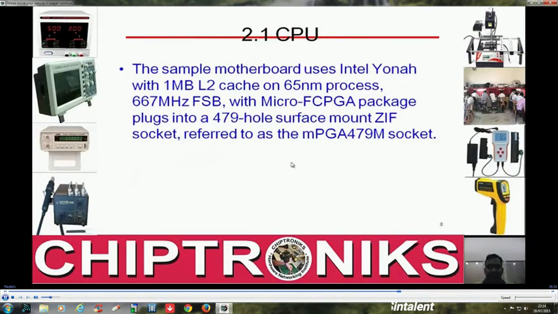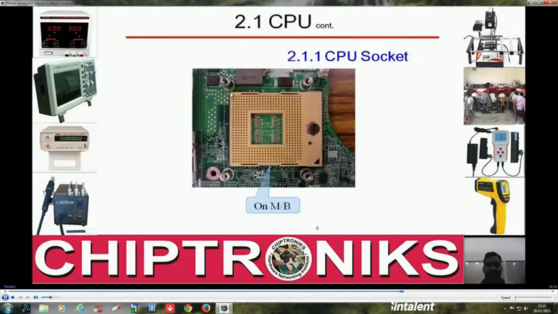The CPU used over here is Core 2 Duo, and Core 2 Duo processors are normally set into a 479 PGA socket. This is the 479 PGA socket. You will find this socket like this. This is the CPU socket. I think all of my students are aware of this, but I'm taking this class for revision purposes.